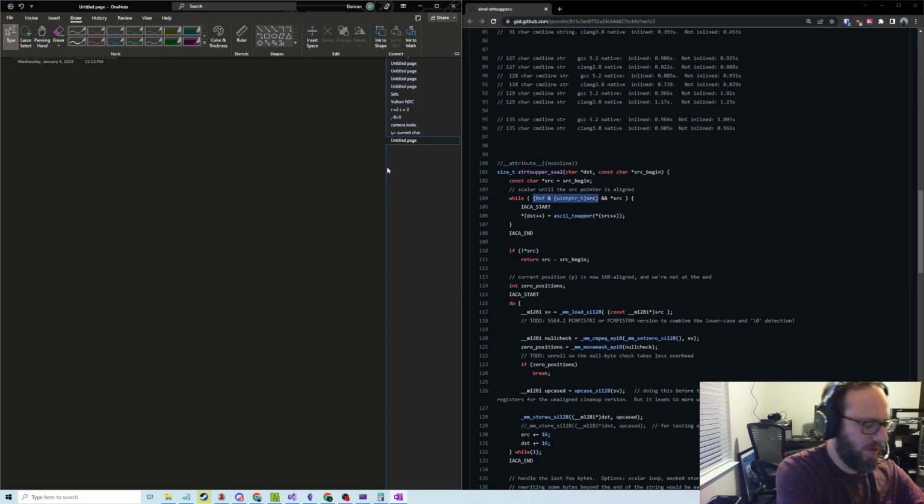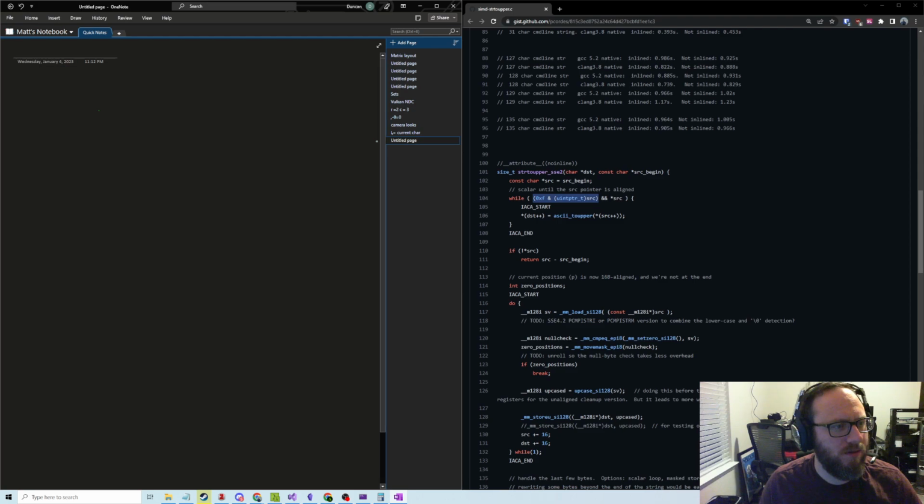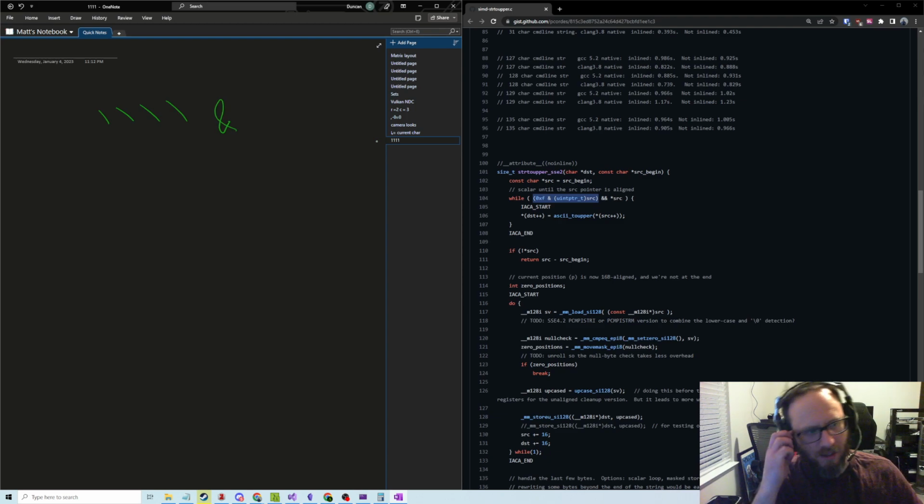Wait while my tablet comes up here. All right. So F is 1 1 1 1, right? And we're doing and, source src is a pointer, so it's just an integer.